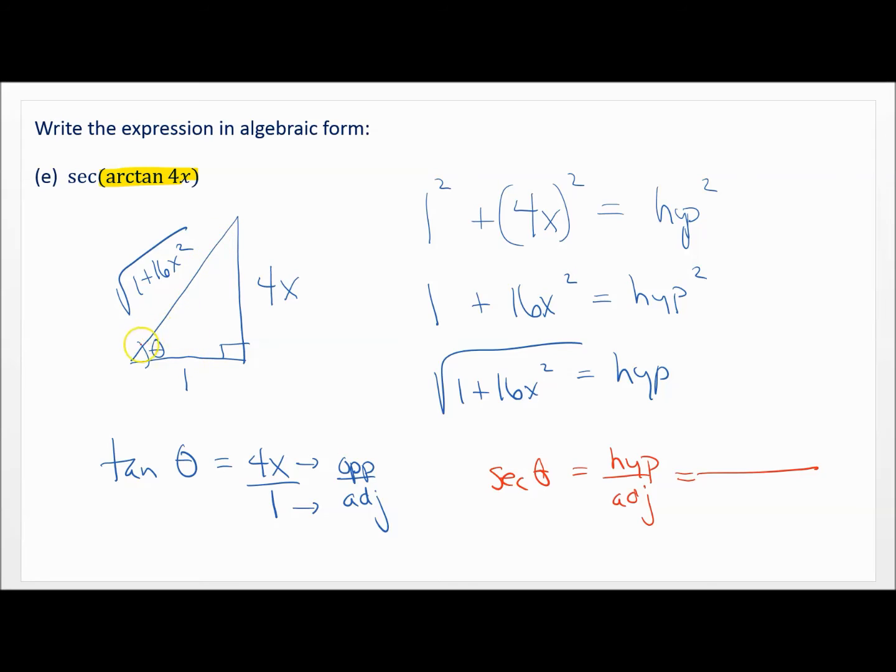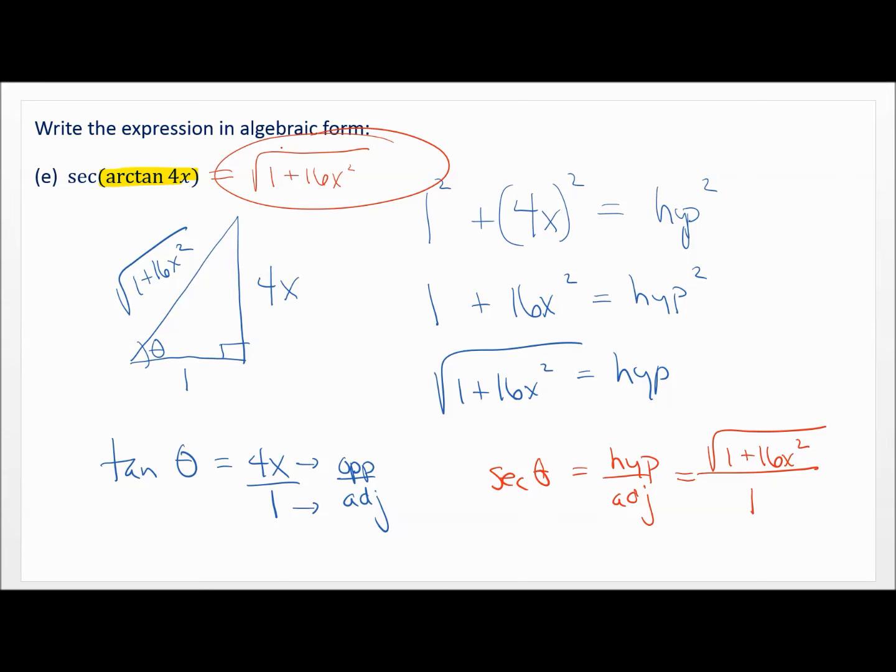The hypotenuse, y'all saw that, is the square root of 1 plus 16x squared. Let's try that again, and the adjacent really is 1. So the answer to this problem, the secant of arctangent of 4x, is the square root of 1 plus 16x squared. Okay, so you see that.